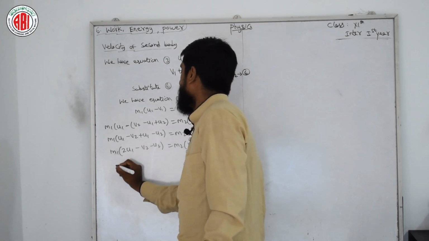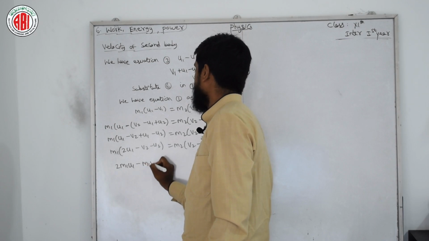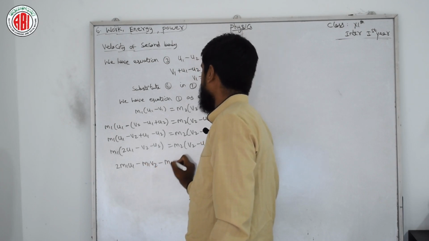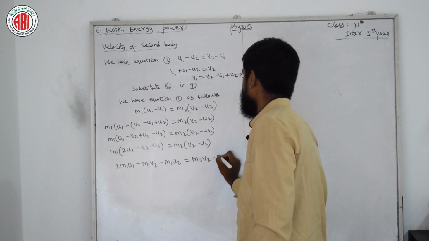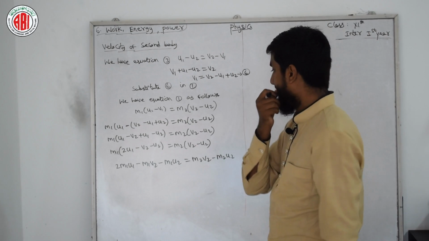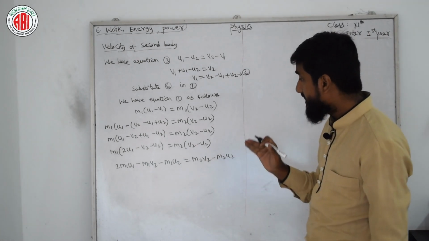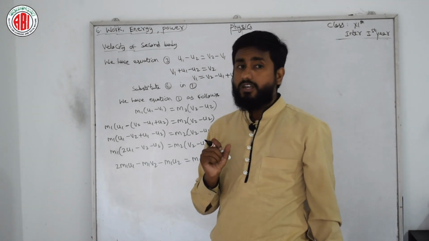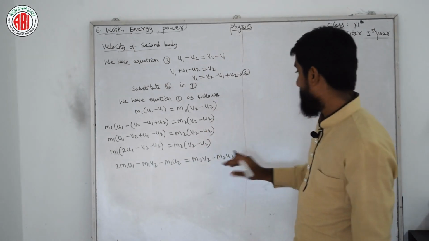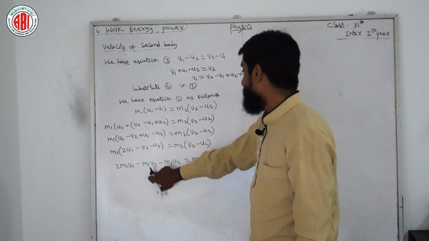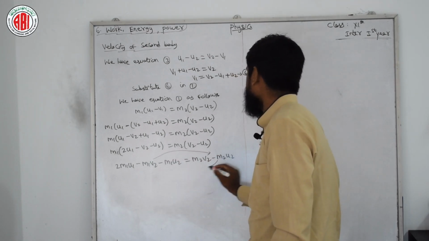It will become 2 m1 u1 minus m1 v2 minus m1 u2 is equals to m2 v2 minus m2 u2, isn't it? Okay, now I want to get v2 here, so I am keeping v2 on one side. I am sending this v2 term to this side and bringing this term to the other side.